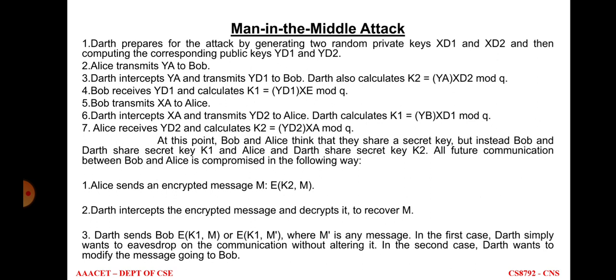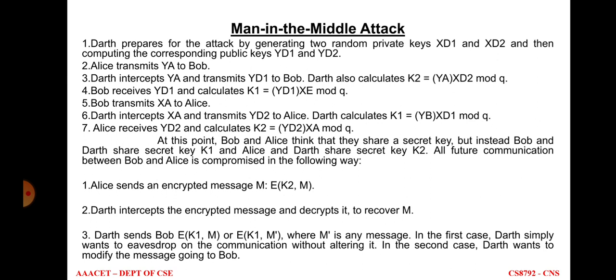Now Bob transmits the value of xa to Alice. Darth again intercepts, retrieves the value of xa, and transmits another value yd2 to Alice. Now Darth calculates the second key value k1 by using the values obtained from Bob and Alice.